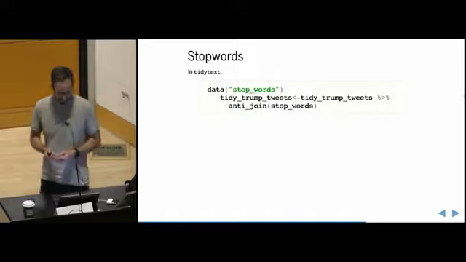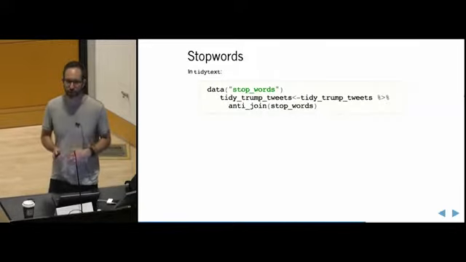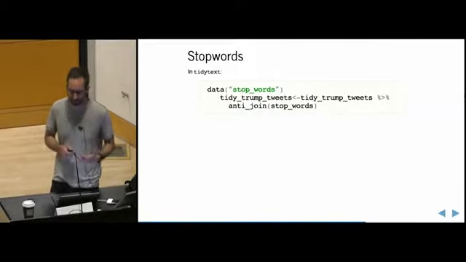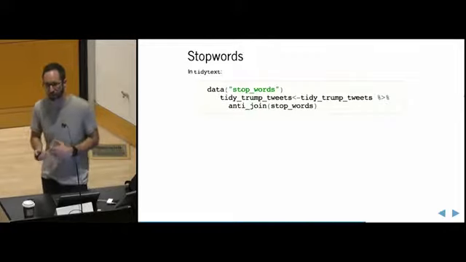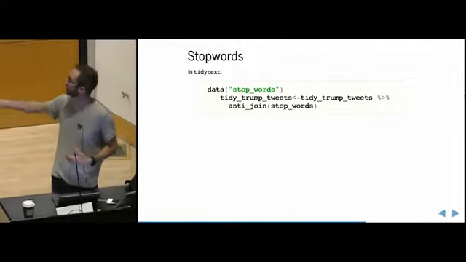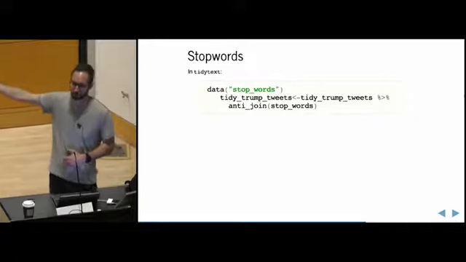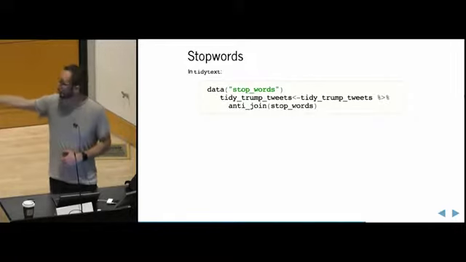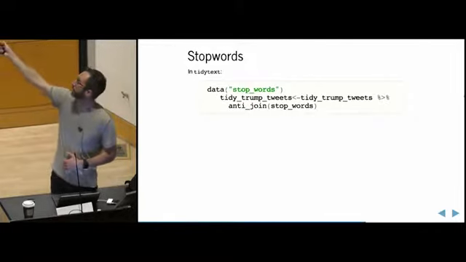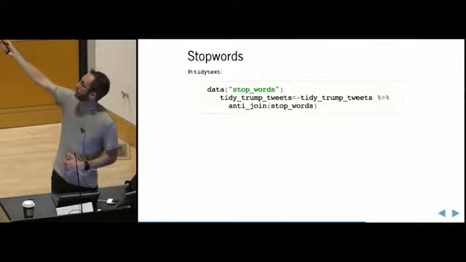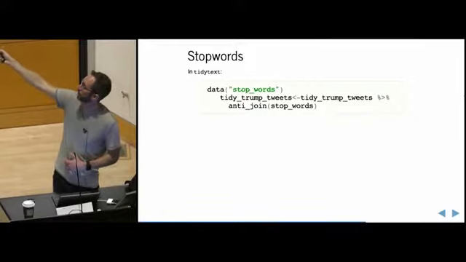In tidytext, it's very similar, except instead of using these two functions from the corpus package, we're simply going to use a merge command from dplyr. So here we're using the anti_join command, which takes all the words in this object and removes them from this object. And we're using pipes again to pass that along. And this assignment operator here is saying that we're creating a new data structure here.